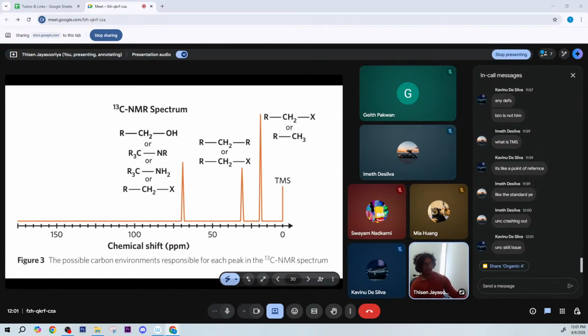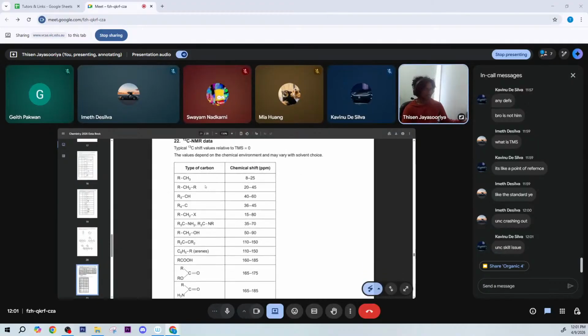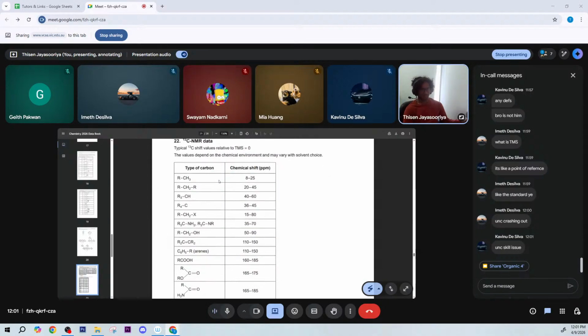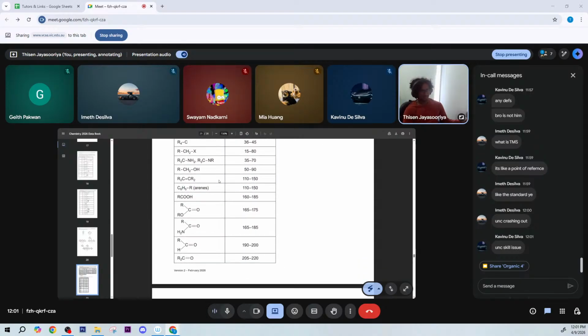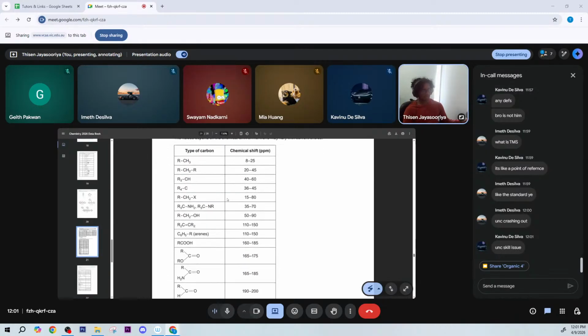We'll move past it. So here, what are all of these? If you go back to your best friend, the data book, it has this table, table 22, and these are all of our carbon NMR ones.